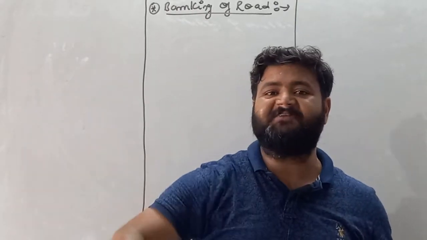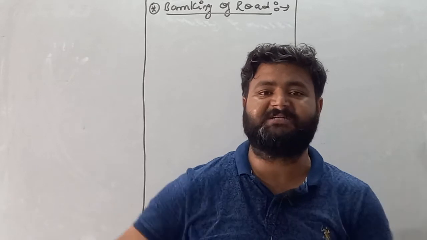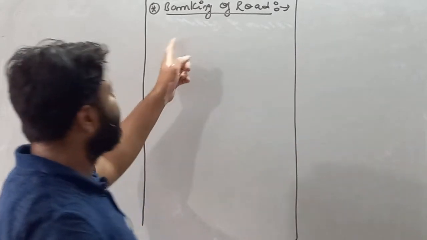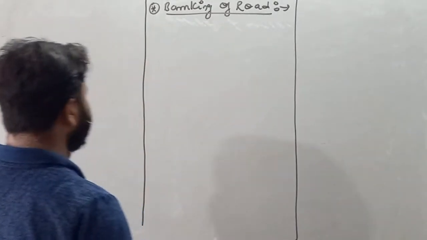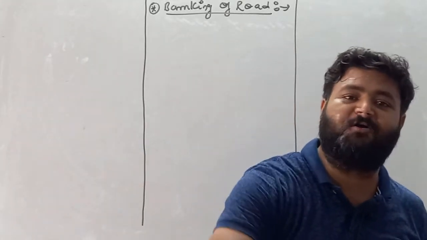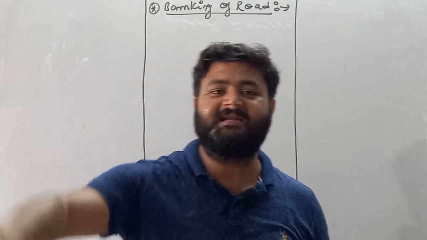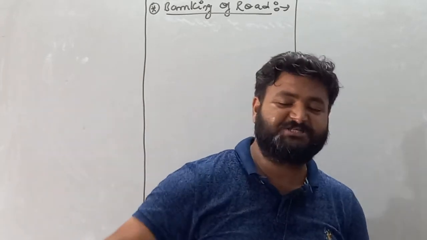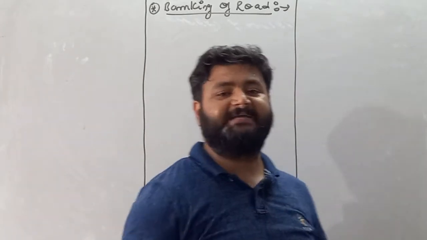Lifting of one side of the turn portion of the road is called banking of road. Basically, lifting means making an inclined plane on the road. Making an inclined plane on the road on a sharp turn is called banking of road.